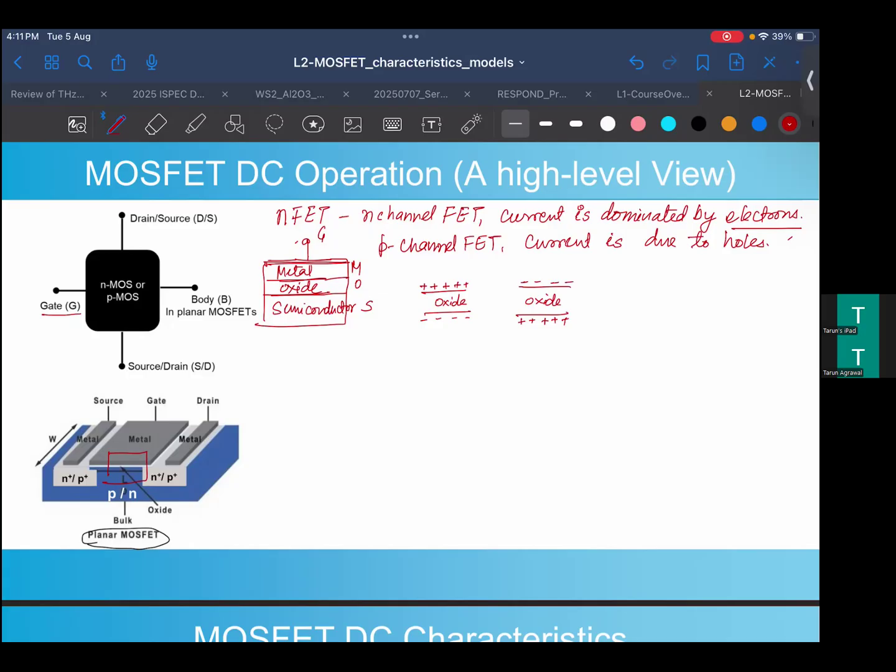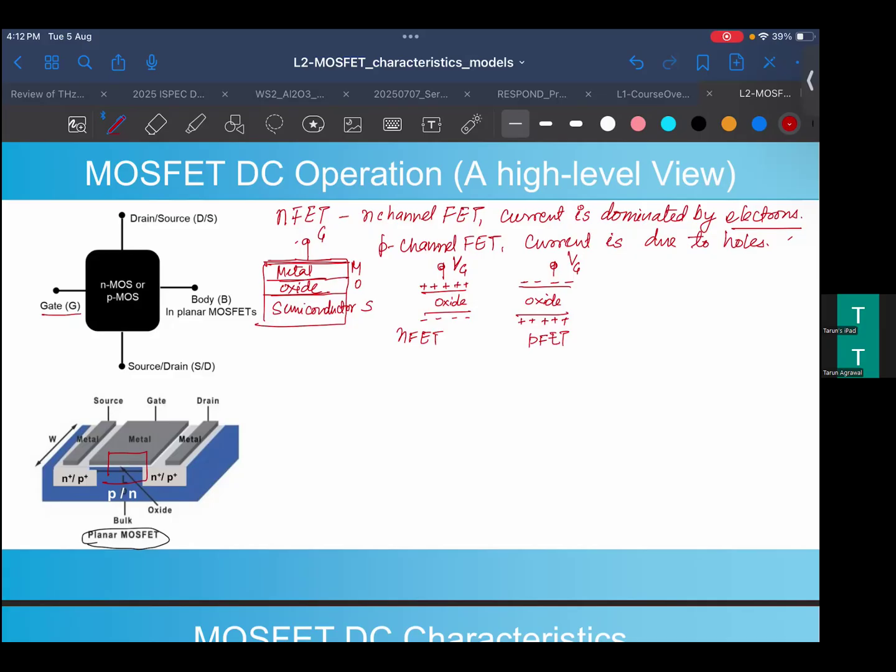So that is the basic concept: the VG we need to apply for NFET is positive, and the VG for PFET would be negative. That is the part we have seen from the point of view of the gate terminal.